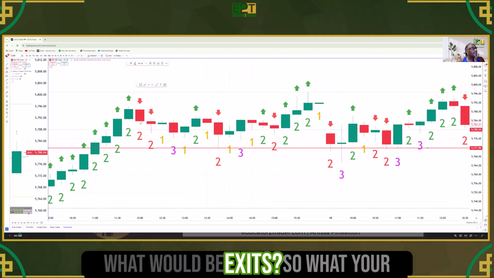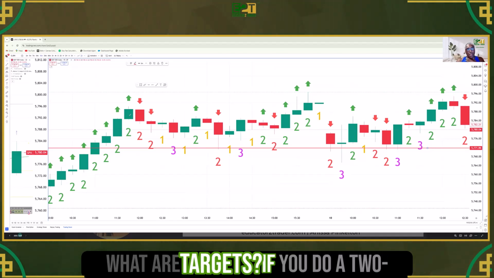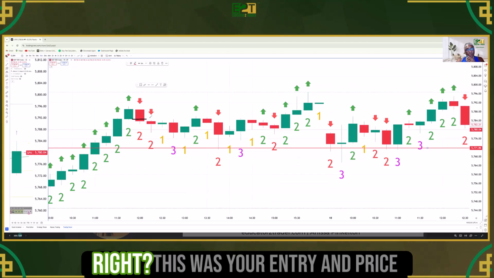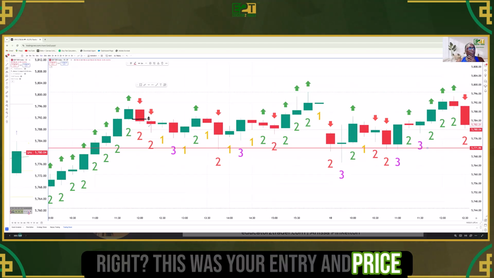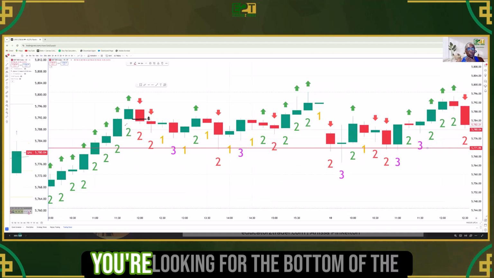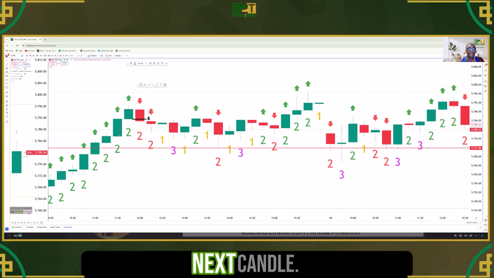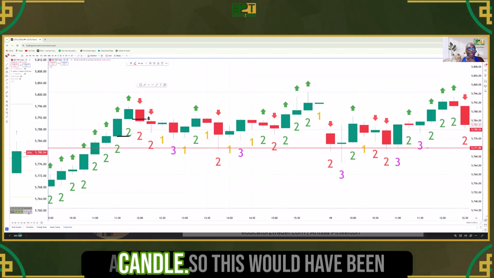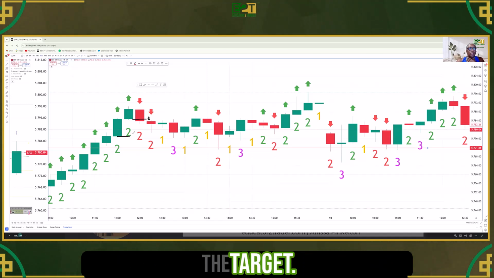What would be exits? So what are targets? If you do a 2-2 reversal and your entry is here, and price is going down, for your next target you're looking for the bottom of the next candle. So this would have been the target.